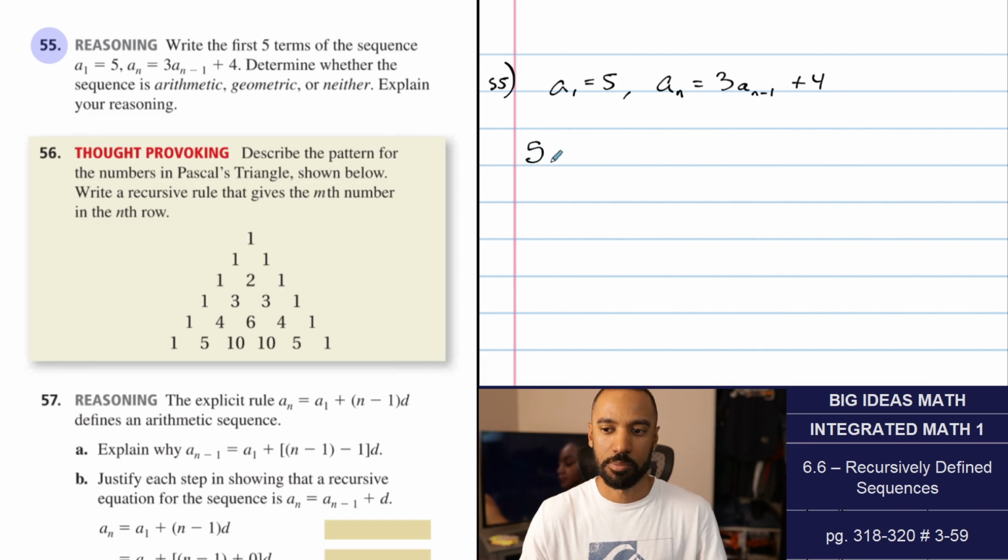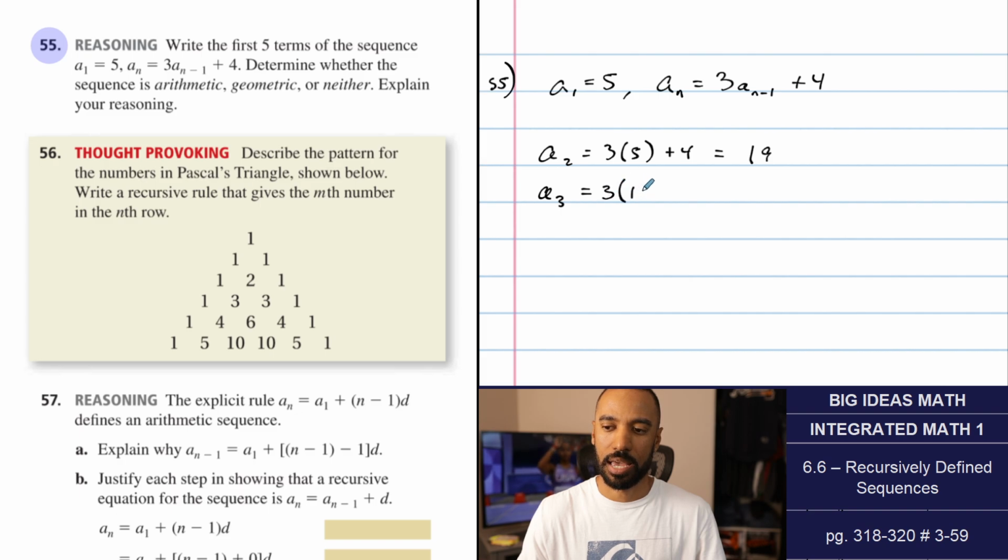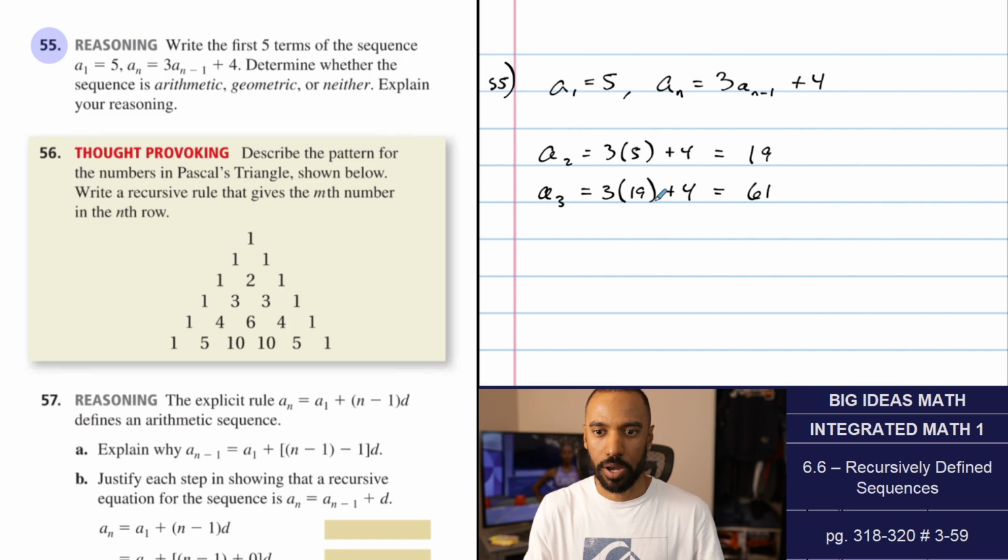So the first 5 terms of the sequence. First term is 5. And then for the next term, let's write this more in full. A sub 2 is 3 times 5 plus 4. 15 plus 4 is 19. A sub 3 is 3 times 19 plus 4. That's 57 plus 4, which is 61.